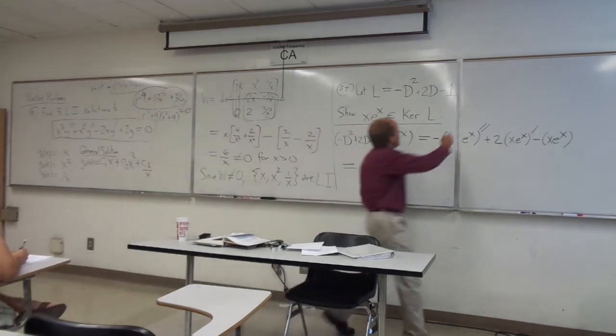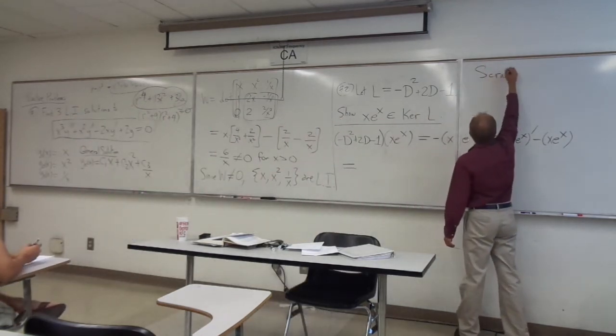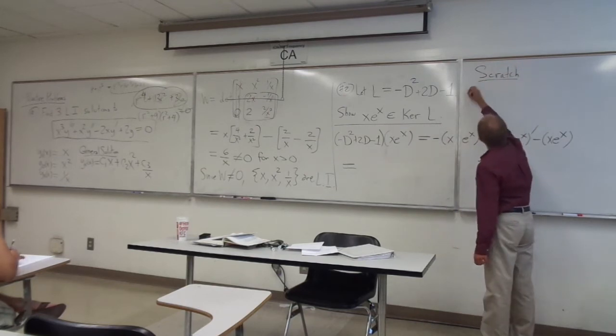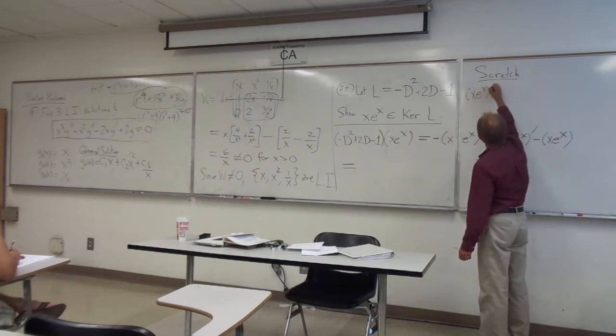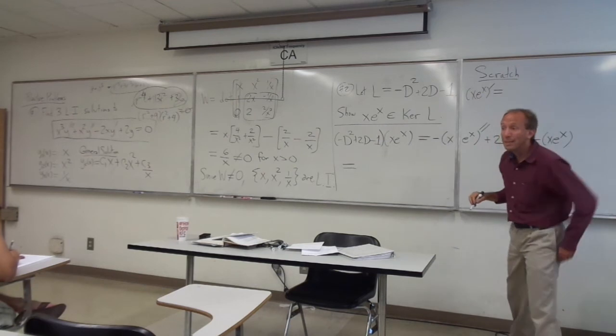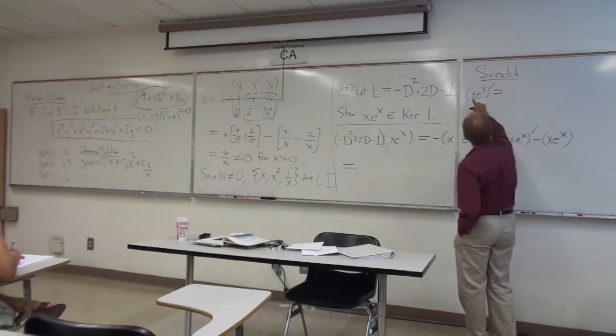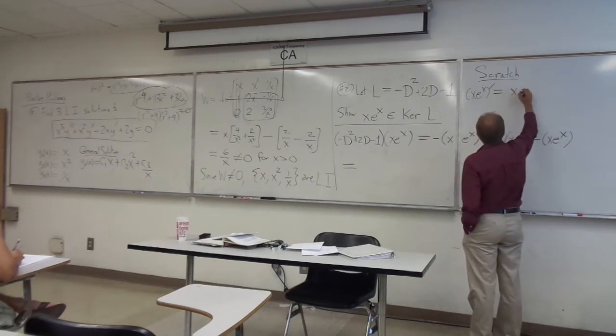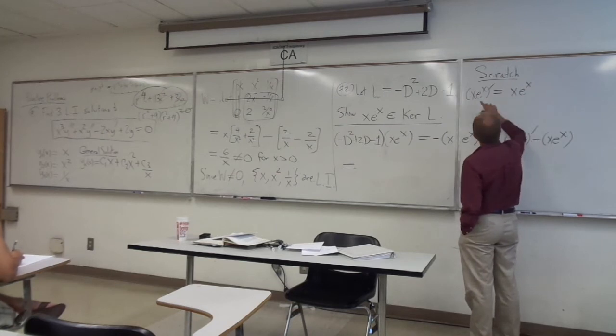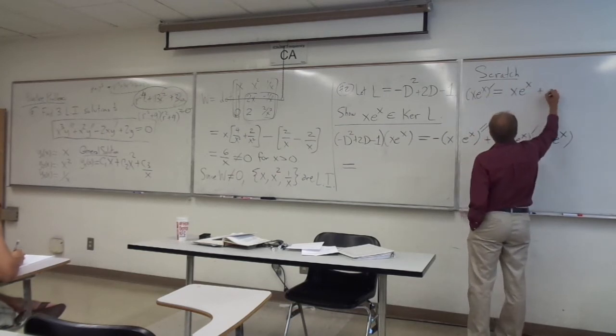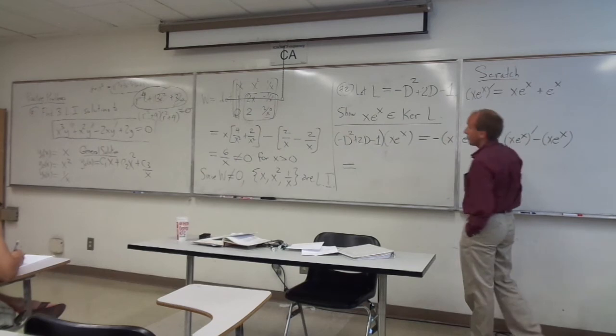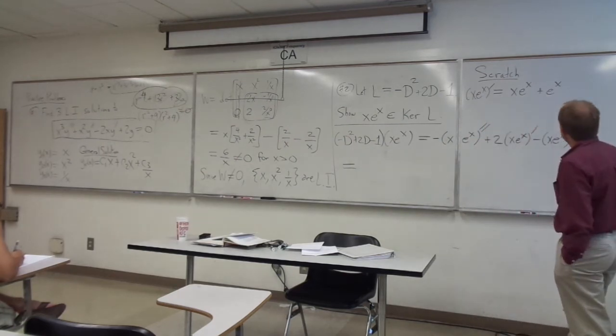It might not be a bad idea to do it up here on scratch. If I take the derivative of x e to the x, of course you're going to have to use the product rule. The product rule is the first term times the derivative of the second term plus the second term times the derivative of the first term. So you're just going to get that right there.